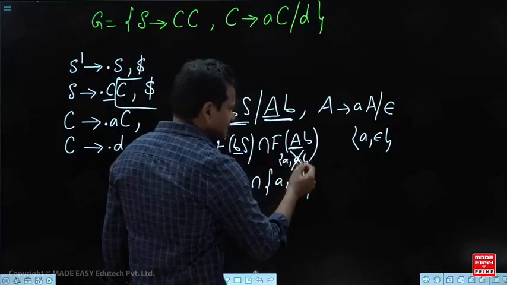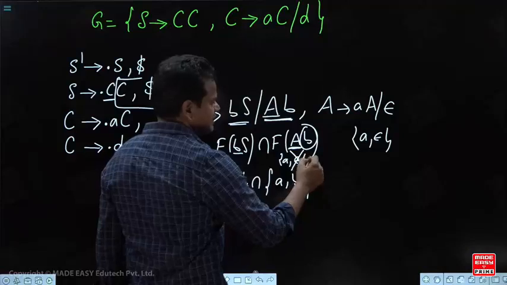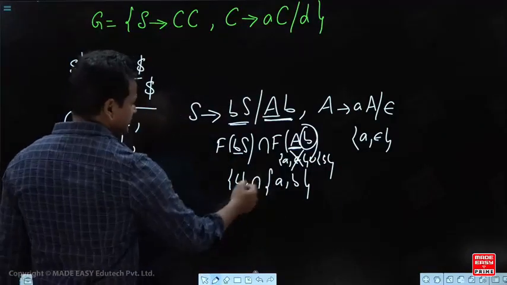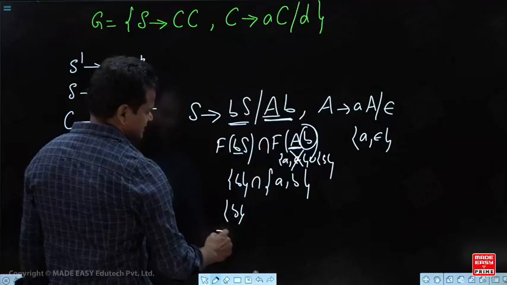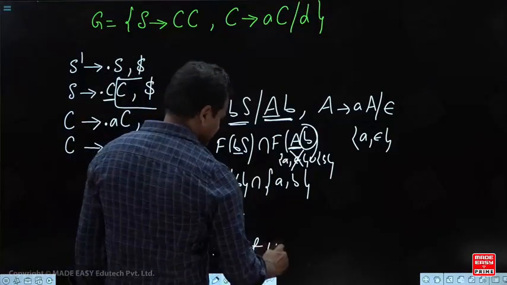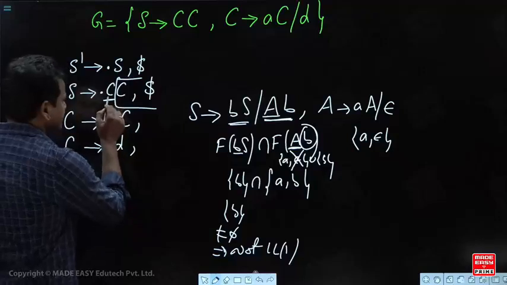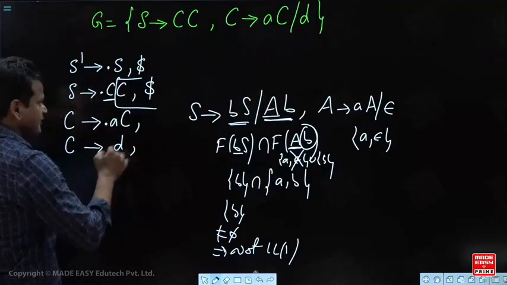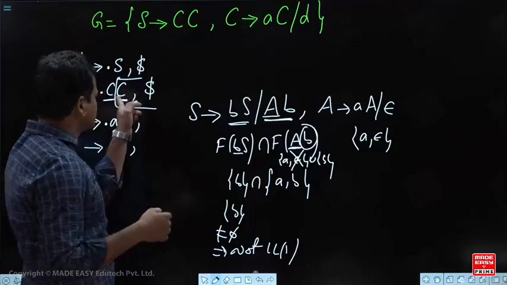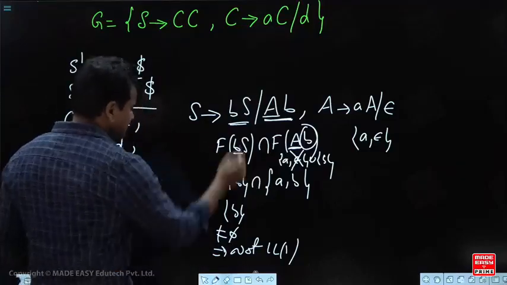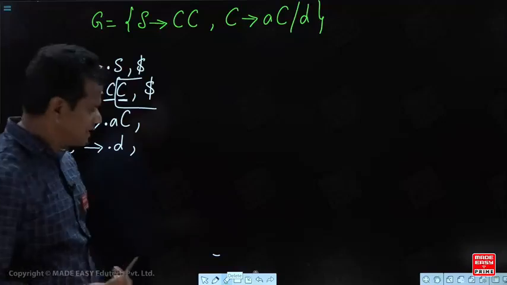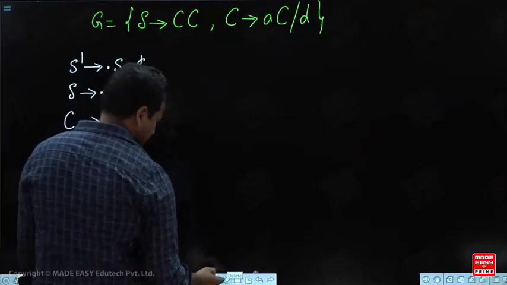When it is epsilon, delete it, come to the right side, union B. Then you will get A comma B. Then A comma B and B have an intersection not equal to empty, so not LL of 1. Similarly here also, if dot of C we have added, and first of C has epsilon, delete epsilon. Then if you go to the right side, dollar will be there, and the look ahead dollar will come. Like that.